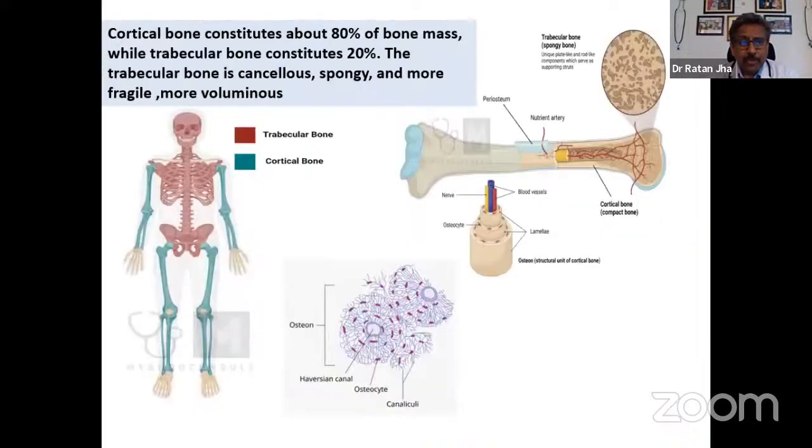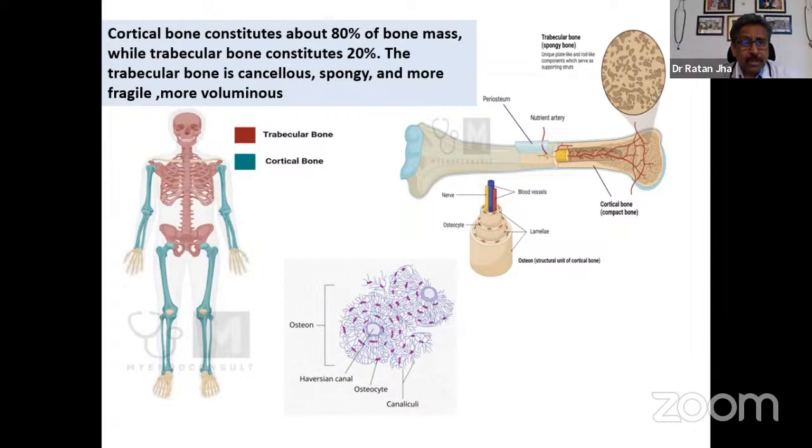When we talk about bone, we need to understand that there are two types of bone in our skeletal system. Cortical bone constitutes about 80% of bone mass, while trabecular bone constitutes 20% of bone mass. The trabecular bone is cancellous, spongy, and more fragile and voluminous, as shown in this cartoon.